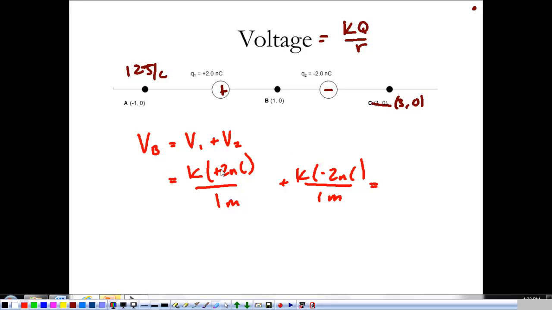That gives me a voltage at B, they're identical except for the sign, of 0 joules per coulomb. That means that any charge that I bring there, 1 coulomb, 1,000 coulombs, I do positive work against this one, negative work against this one, and they cancel each other out. Meaning that it takes no work to bring any charge to this point from infinity.